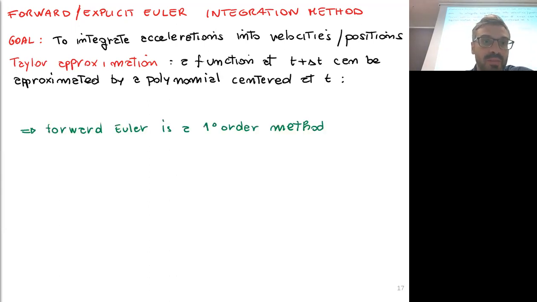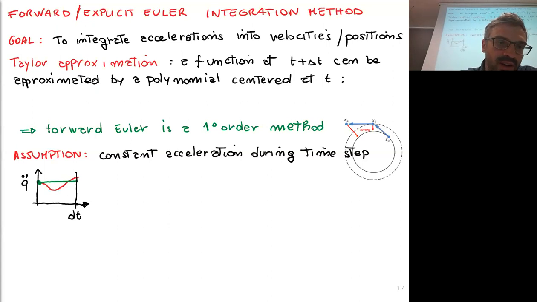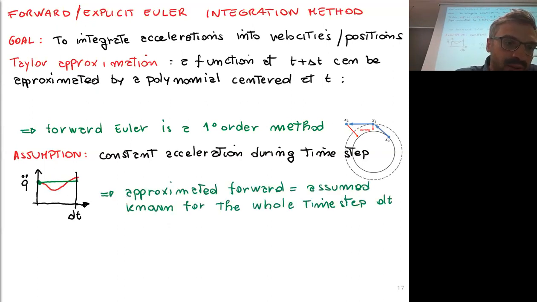So it's a first order method. And the assumption is that the acceleration is constant during the time step, while in reality it's not. This means that even though the acceleration will change during the time of the integration step, we assume that it's constant for the whole step.